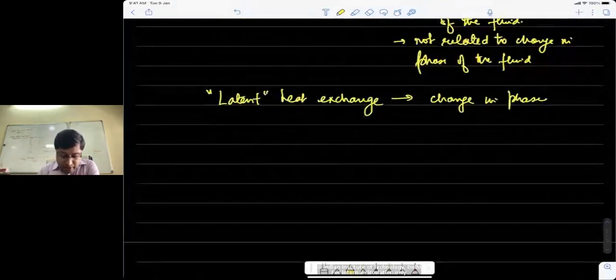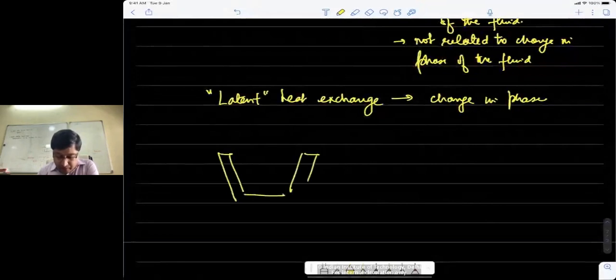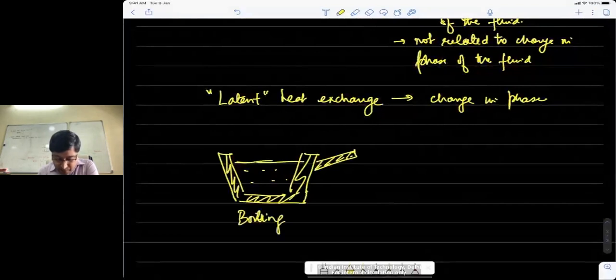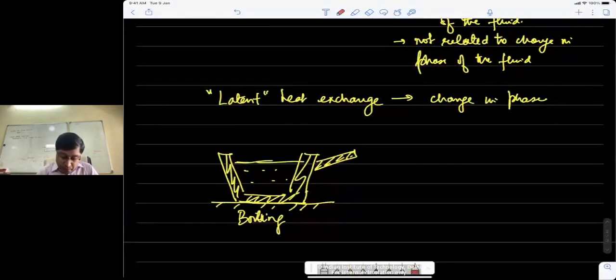And so, just to take an example of boiling, let's say you have a pan in which you are boiling water. Boiling will imply that, say, you put this pan on a hot plate, and what you typically will see is the formation of bubbles in the pan.